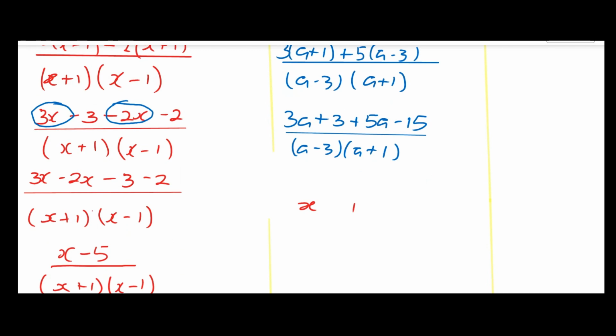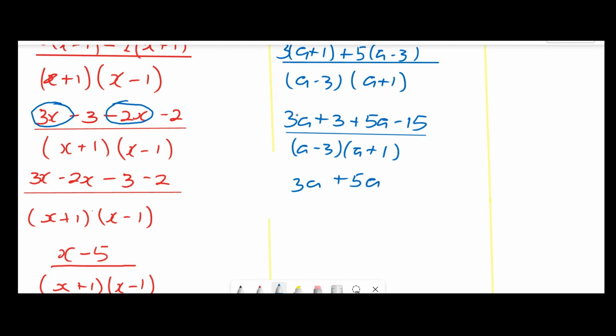Okay, so finally we are going to get our answer here. So let's simplify. Okay, so we have to group like terms, so it's going to be 3a plus 5a.